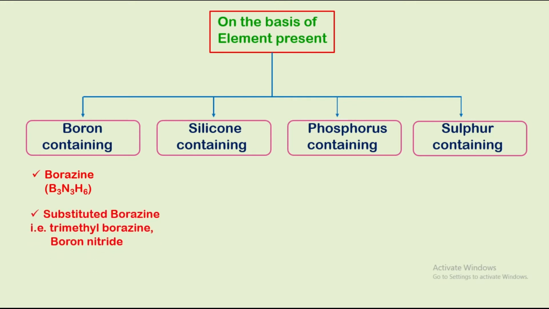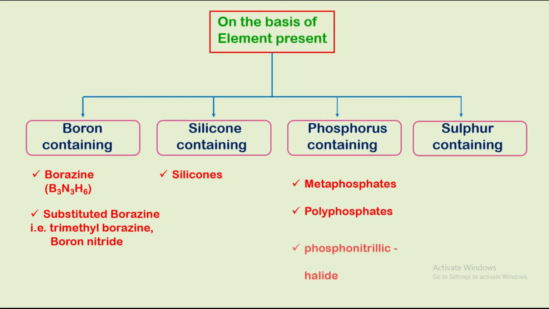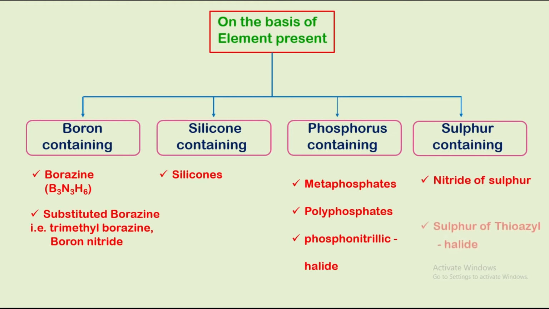Substituted borazines, for example trimethylborazine, and boron nitride belong to boron-containing polymers. For silicon-containing polymers, the example is silicones. Phosphorus-containing polymers include metaphosphates, polyphosphates, and phosphonitrile halides. Sulfur-containing polymers include nitrides of sulfur, sulfur thiazyl halides, and amides of sulfur. These are examples of polymers in which different elements are present.